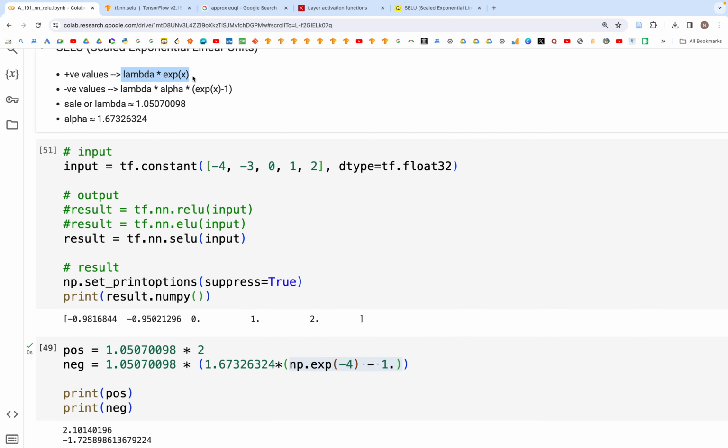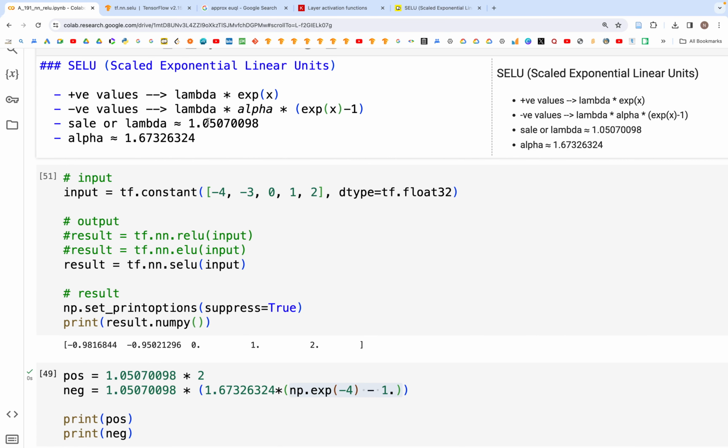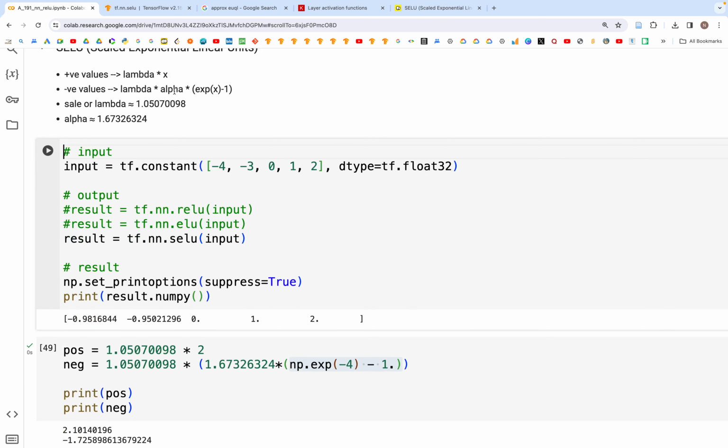If the values are positive, we simply multiply the values with lambda, as we see here. And if the values are less than 0, negative values, then we multiply the exponentiated values subtracted by 1 by alpha, and then multiply it again by lambda.